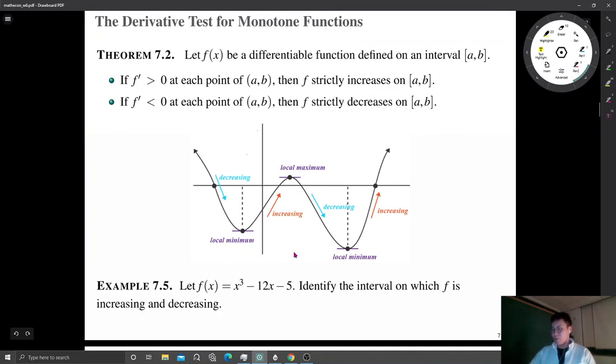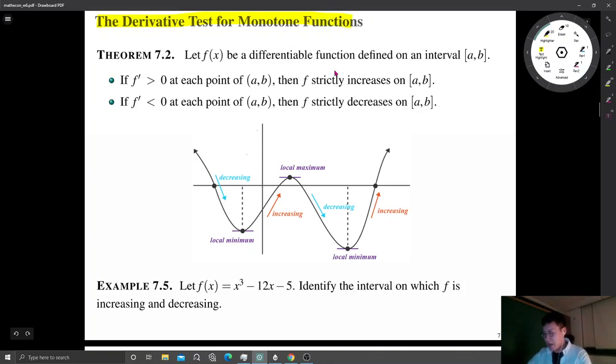So we are studying how to take the derivative of the inverse function, but in order to find the derivative of the inverse, I have to digress a little bit. So let me first illustrate the derivative test for monotone functions. Now that is quite important.